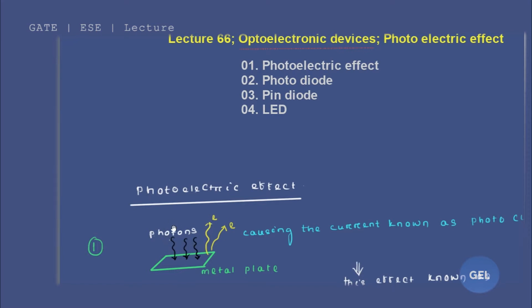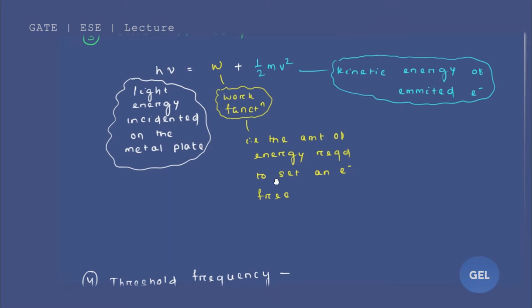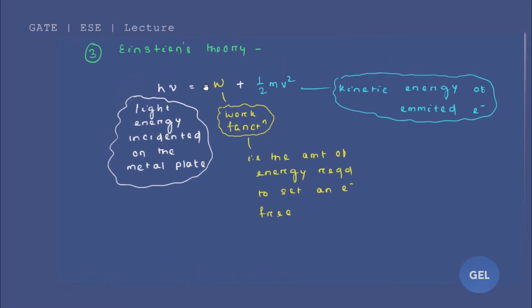The light energy is used in the work function, which is the amount of energy required to set an electron free, and also in the kinetic energy associated with the emitted electron.